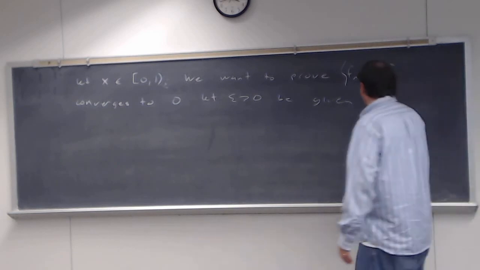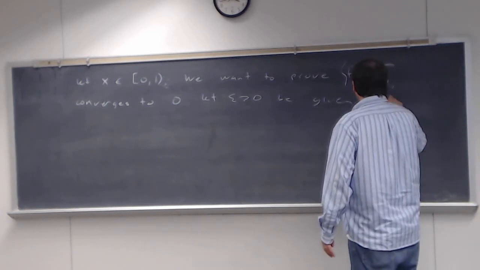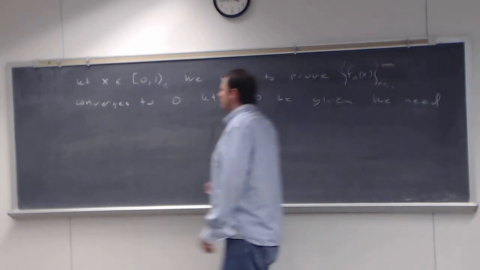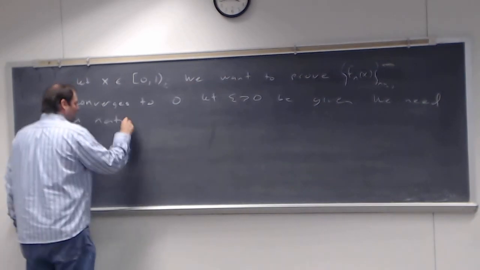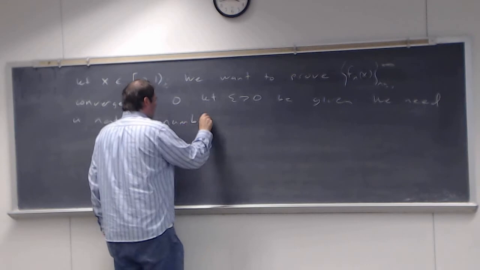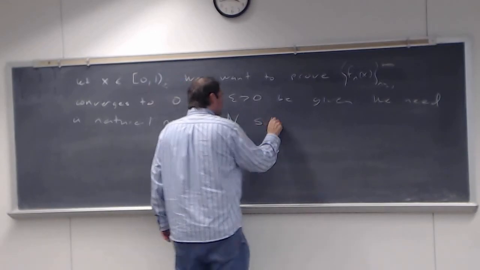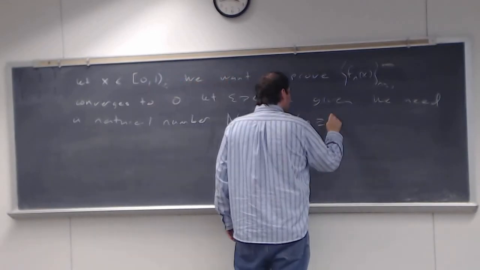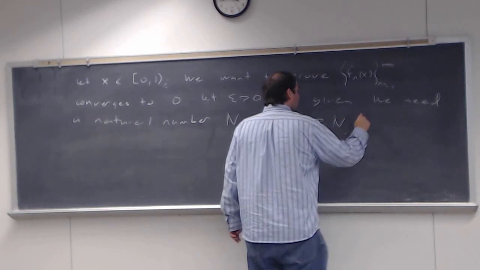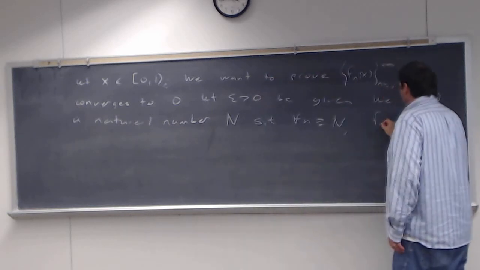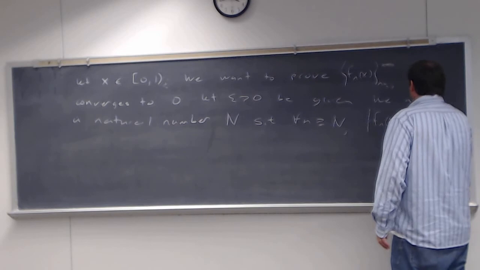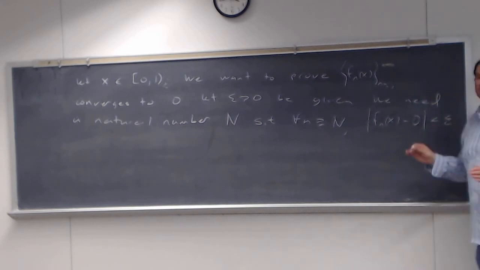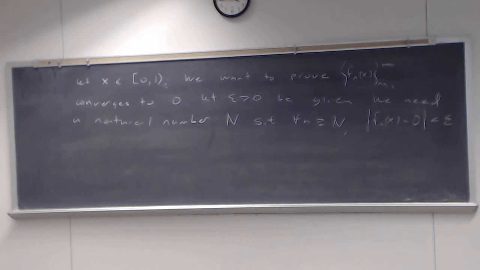The way we do that, we need a natural number big N such that for all little n bigger than or equal to that big N, the distance between f sub n of x, that's a number, and 0 will be less than this epsilon. I can make the f sub n of x's arbitrarily close to 0, for all n's far enough along in the sequence. That's what's being said.